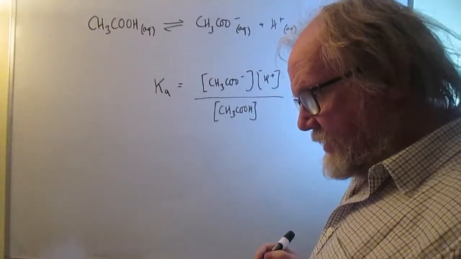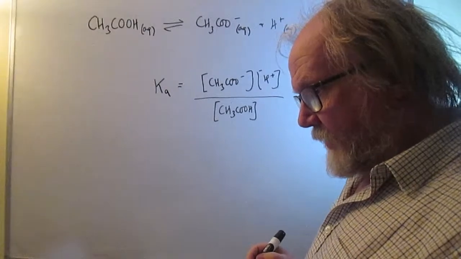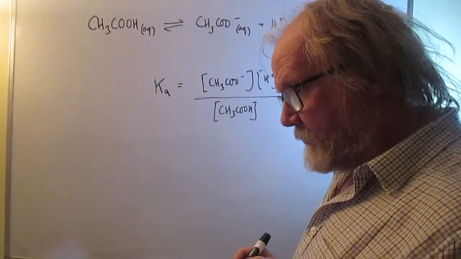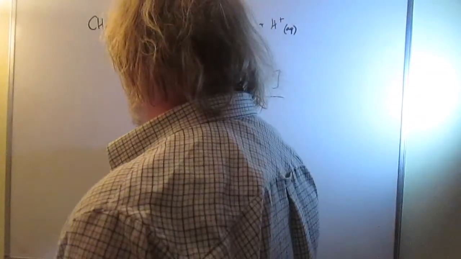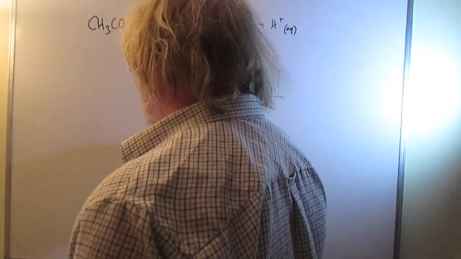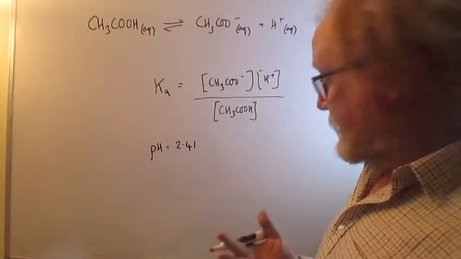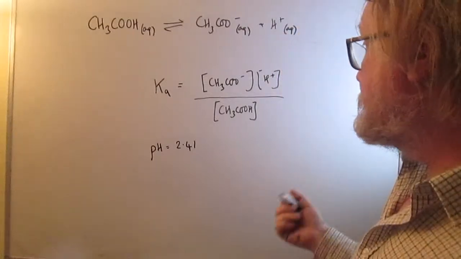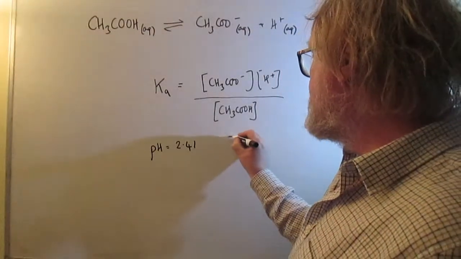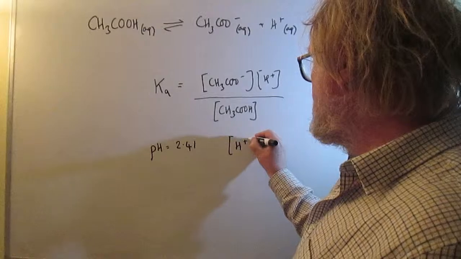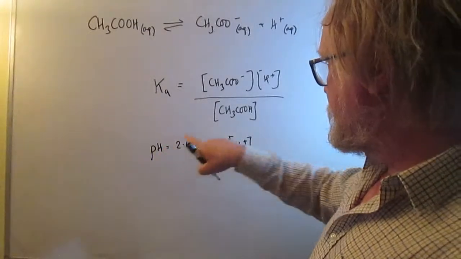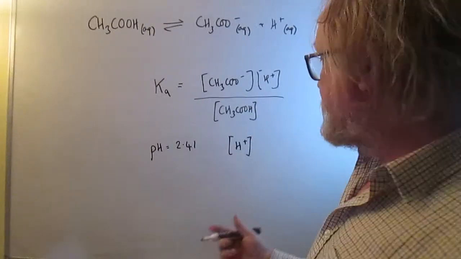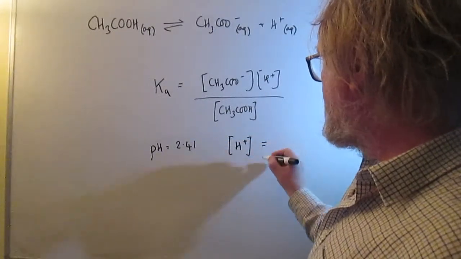And then it wants us to find the pKa from the pH. So the pH is 2.41, it tells us, and always if you're going to calculate anything from that, the first job is going to be to convert that into H+. So you hopefully remember how to do these things. If you have pH, you take 10 to the minus that value to get the original H+ back.